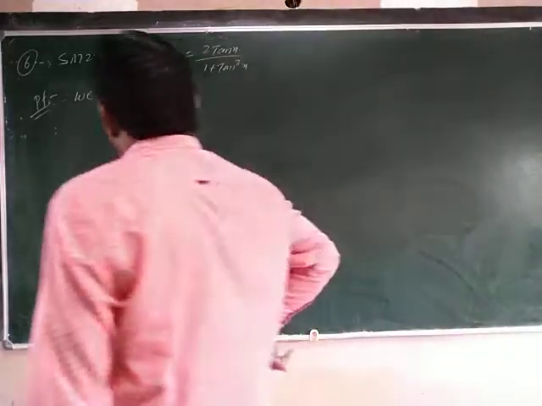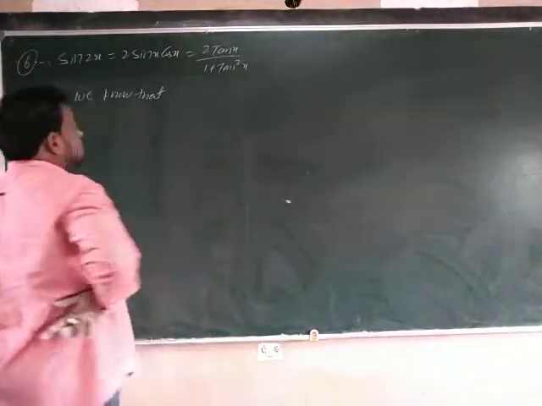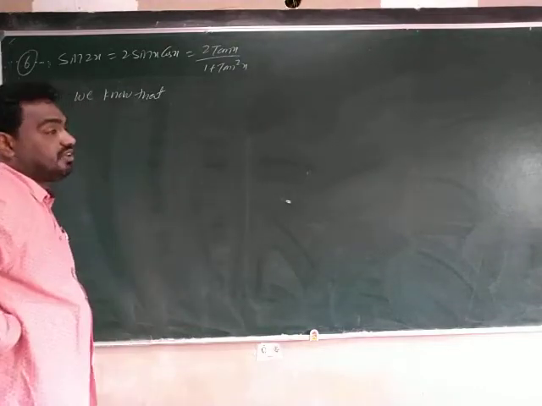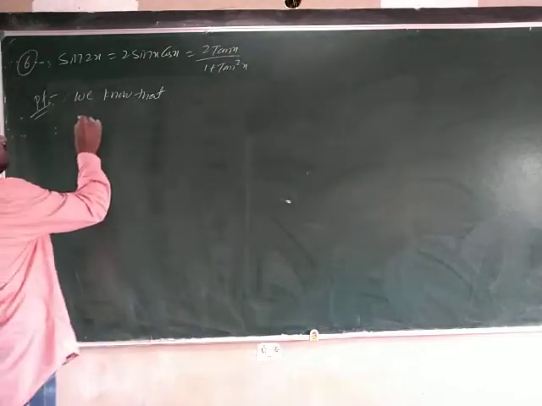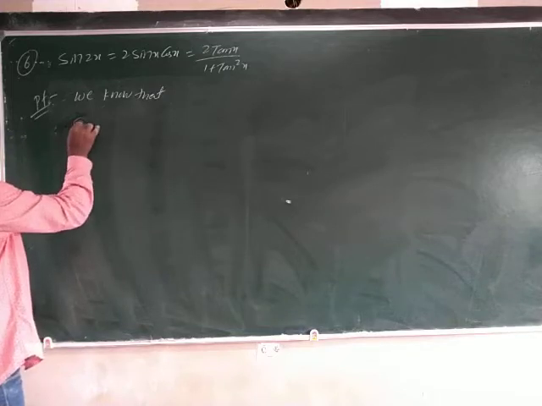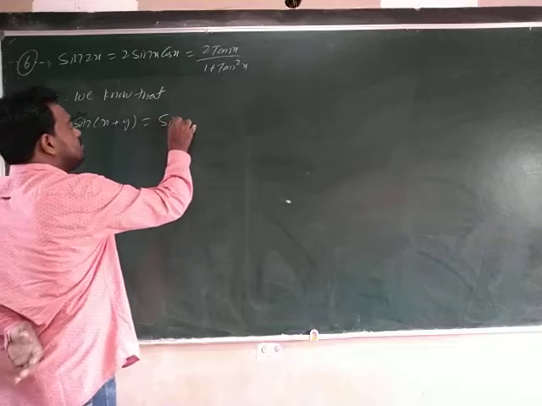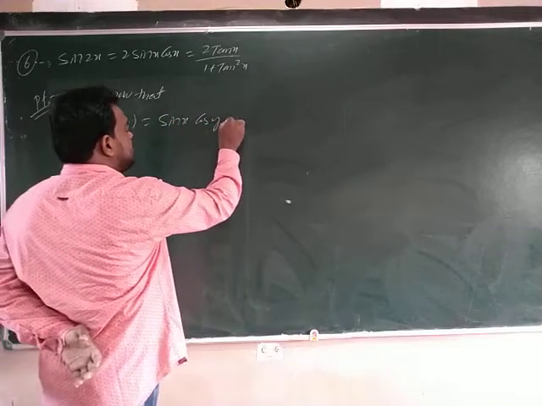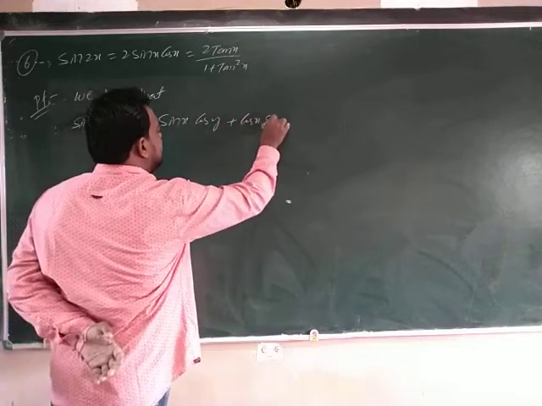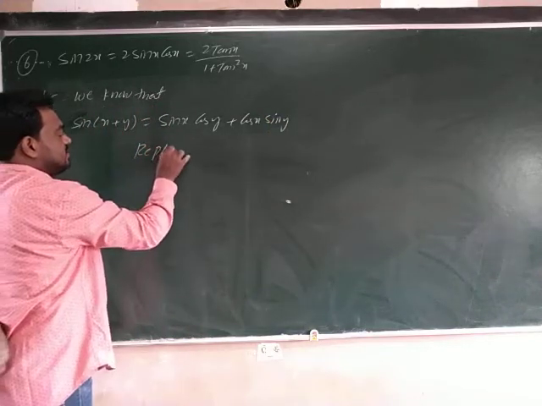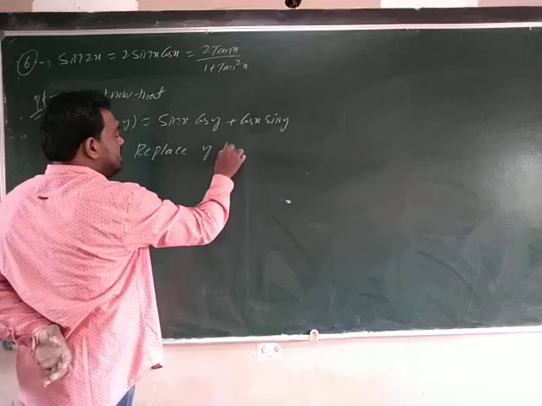Next, 6. Sin 2x is equal to 2 sin x cos x, equal to 2 tan x by 1 plus tan square x. Proof, you see, we know the sin of x plus y formula. What is that? Sin of x plus y is equal to sin x cos y plus cos x sin y, right? Now replace y by x.